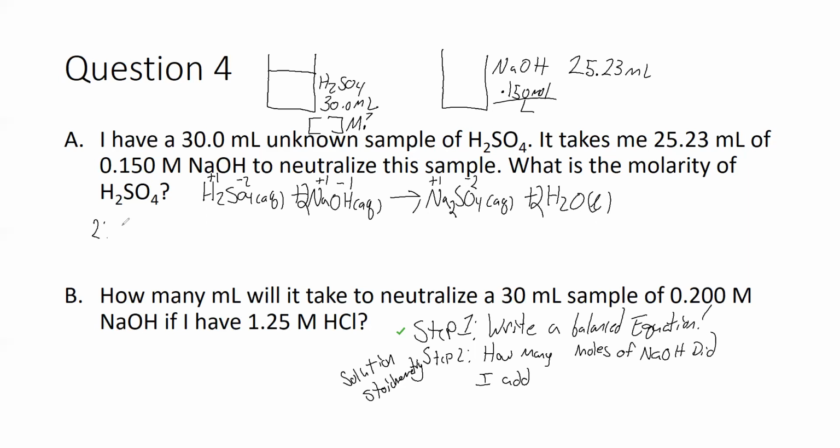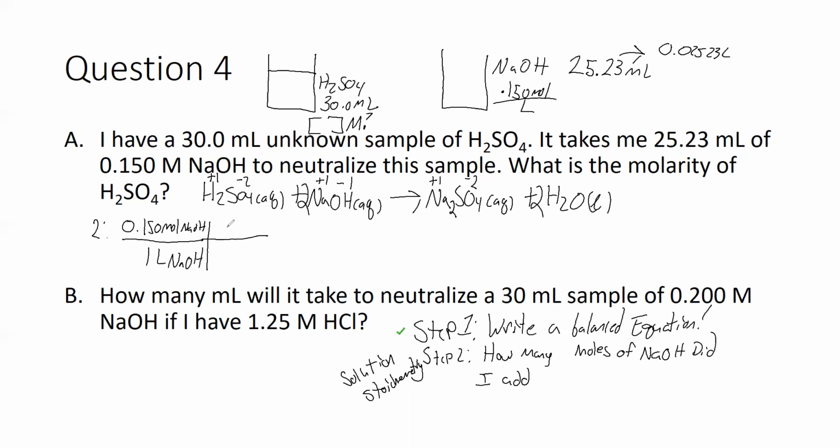So I have 0.150 moles of NaOH per 1 liter of NaOH. And 25.23 milliliters is 0.02523 liters. You just take the milliliters divided by 1,000 to get the liters.